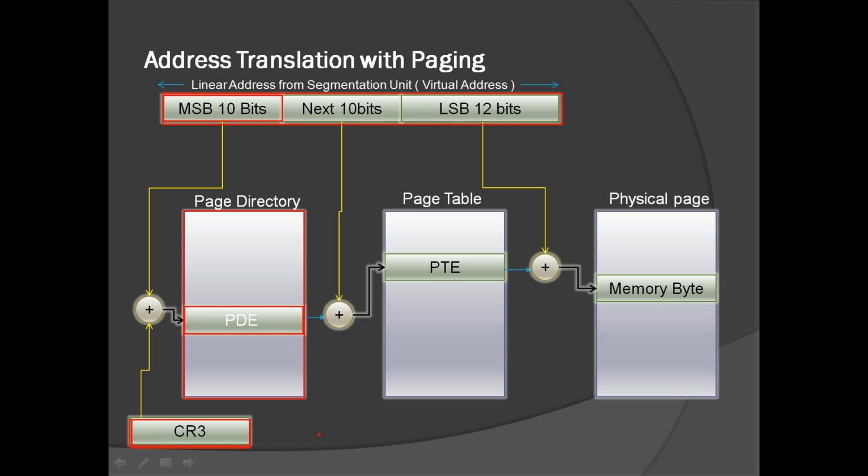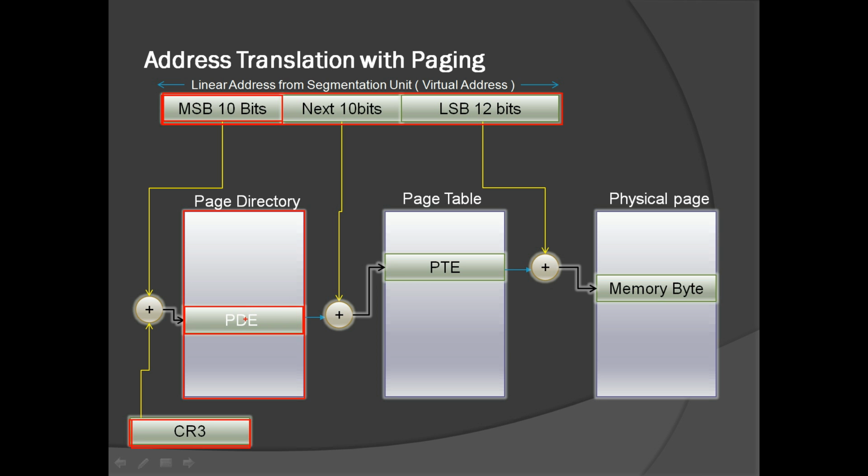The page table directory again consists of 32-bit entries, different 32-bit entries. One of those entries is obtained by adding CR3 and the first 10 bits, or the MSB 10 bits, of your virtual address.